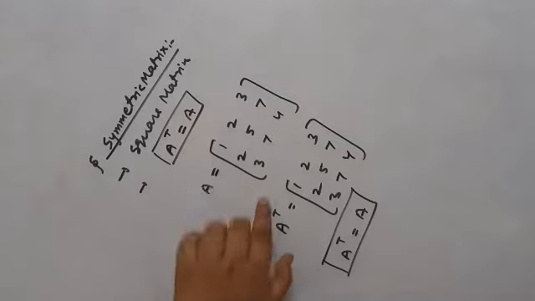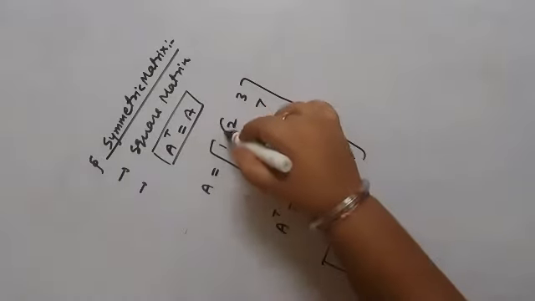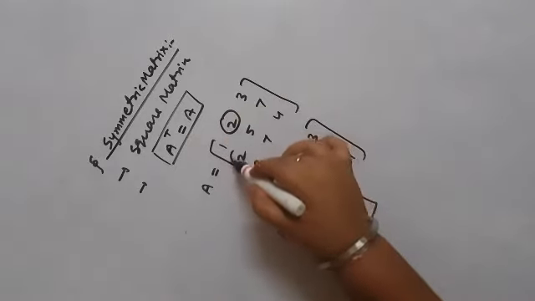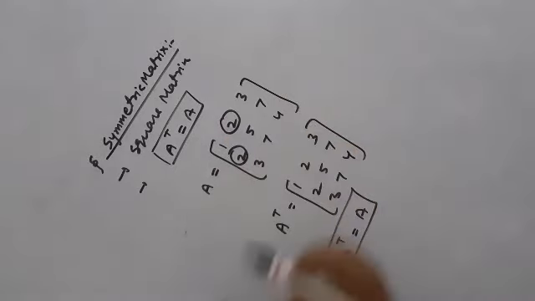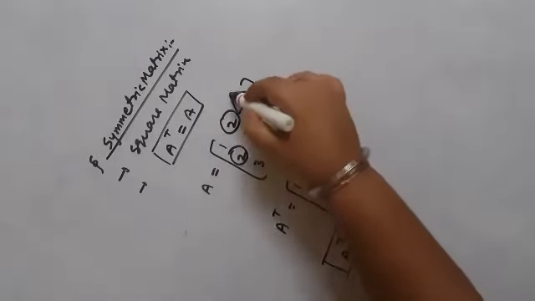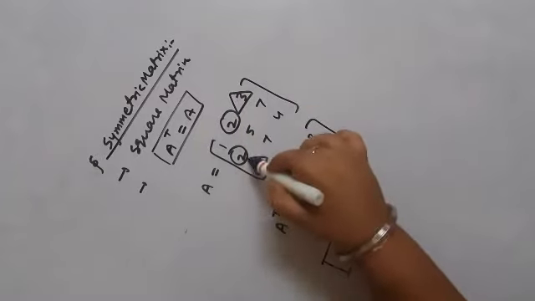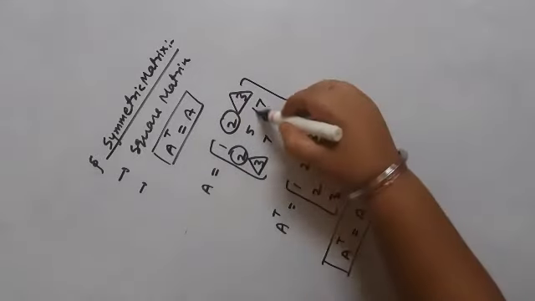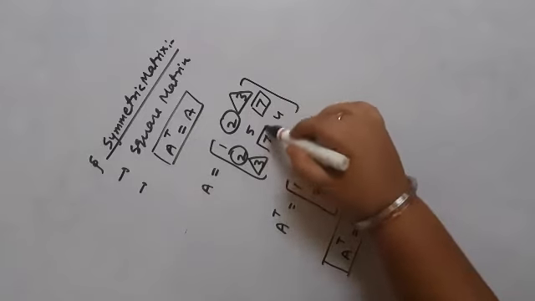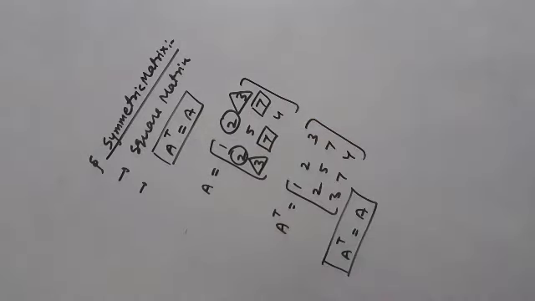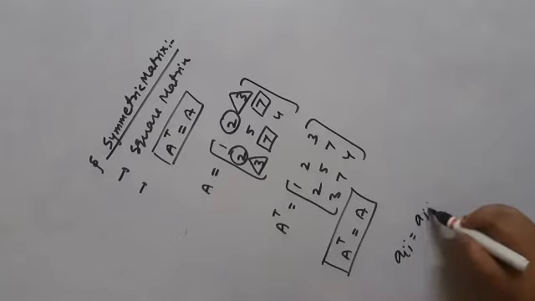What can we conclude about it? Look, a12 is equal to a21, a13 equals a31, and a23 equals a32. It means aij equals aji.